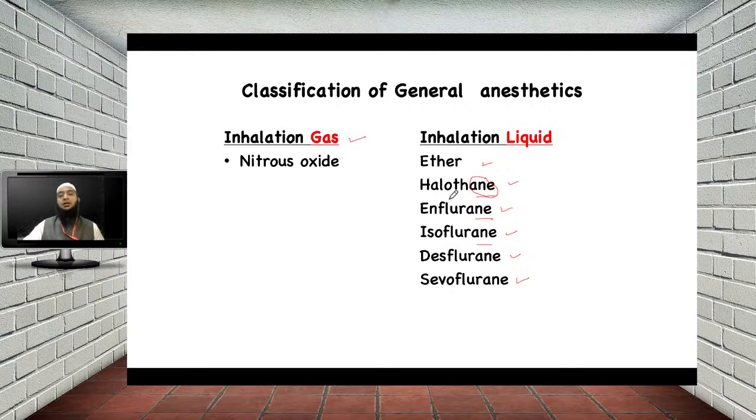For example, halothane, enflurane, isoflurane, desflurane and sevoflurane all contain fluorine. But the number of fluorine atoms and their position in the structure is different in those drugs, and based on that they give different pharmacological activity. So general anesthetics are broadly classified as inhalation gases and inhalation liquids.